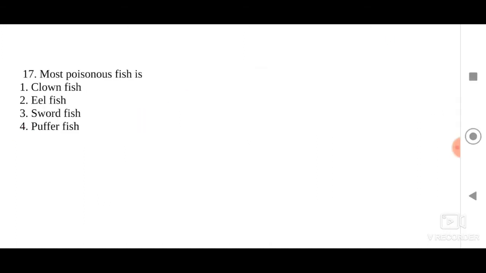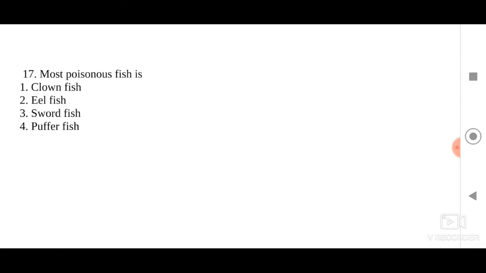The next question we have here is, most poisonous fish is. See, 4 options have been given, and we have to select among the 4 which is the most poisonous fish.